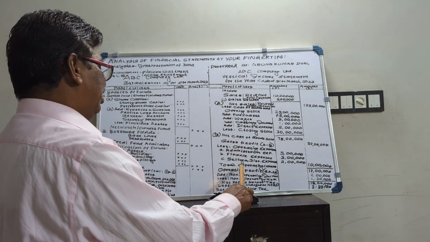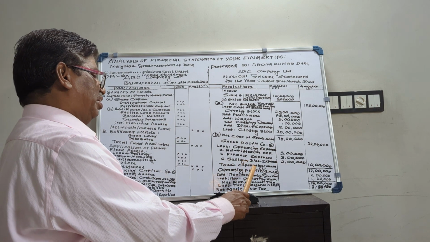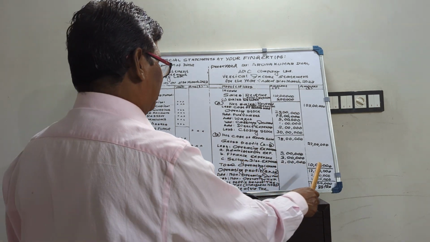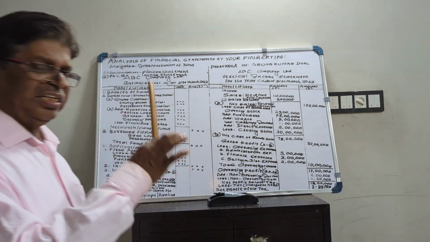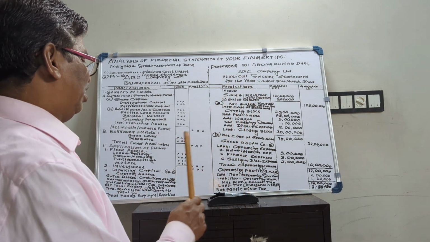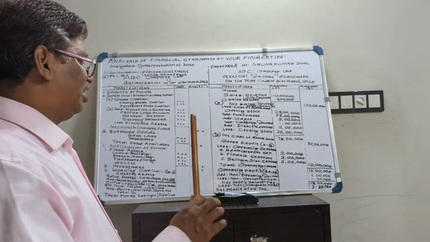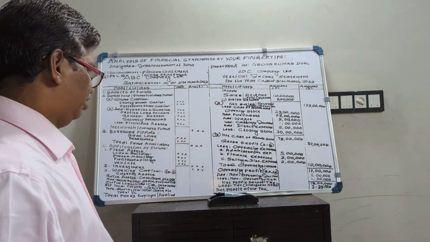From gross profit, if we deduct the operating expenses, we will get operating profit. Here operating profit is 17 lakhs. Then in the business, there are some non-operating income and non-operating expenses. Non-operating income means income not related to business.